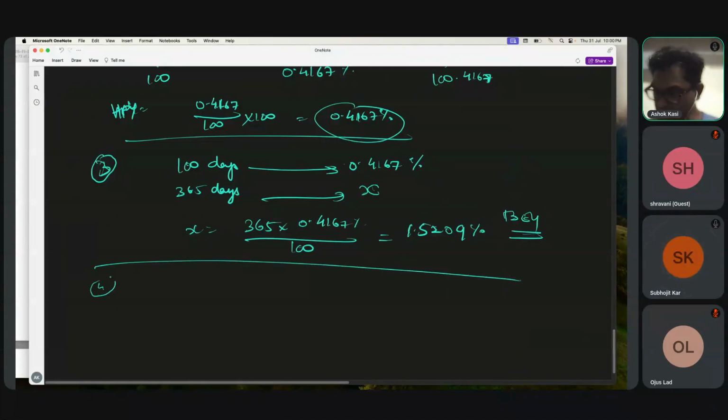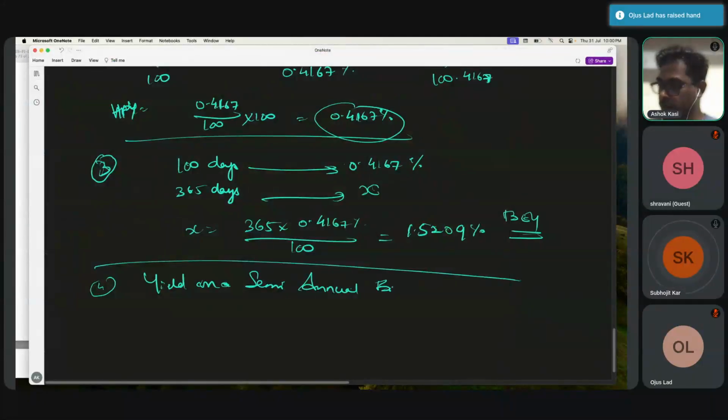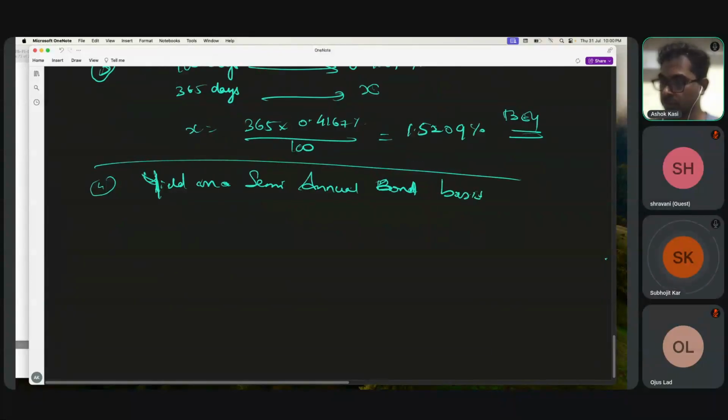First, we will calculate when they say yield on a semi-annual bond basis. So how do we calculate it?